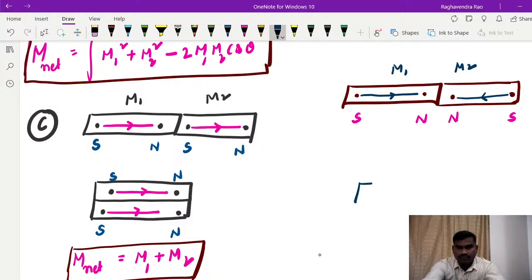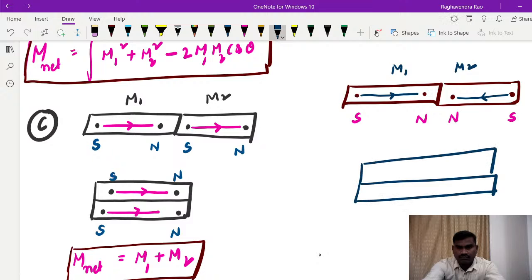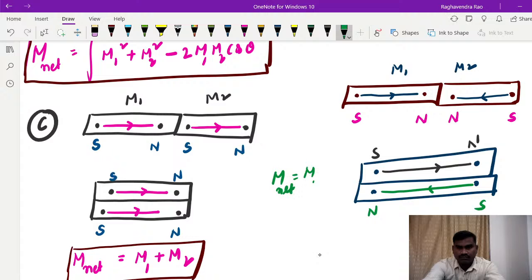In the same way, we have taken two bar magnets placed in this manner, directed in this manner, M1, and this is south and this is north. Now this is north and this is south, directed like this. Now in this case, the net magnetic moment will be M1 minus M2, if M1 is greater than M2.